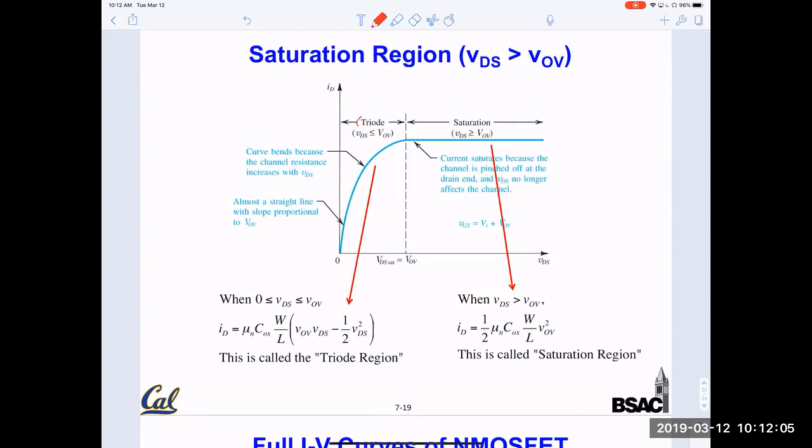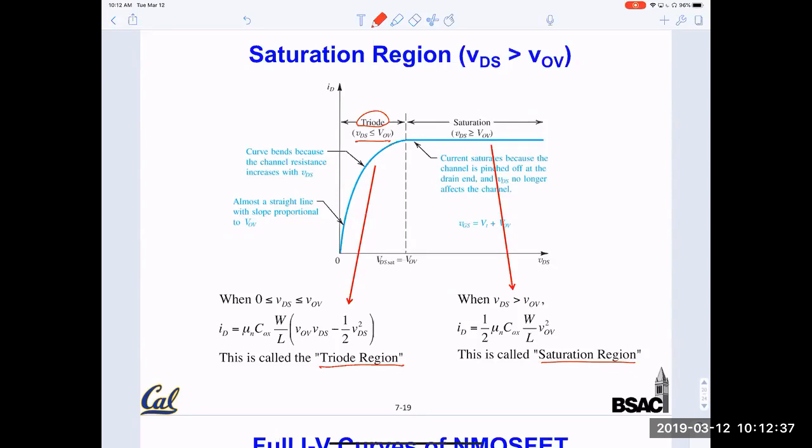There is a triode regime, which happens when your drain bias is less than this critical voltage, V overdrive. You need to keep in mind V overdrive is a function of VGS. When we change VGS, V overdrive changes. And when you are over that, we are in the saturation regime, which has a simpler expression.